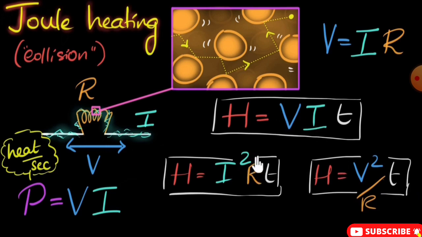And these are not three different formulae. These are all identical formulae. They all come from the same one. So don't think about them as three different ones. Basically, this is our formula, and we just substitute Ohm's law and we get the other two.